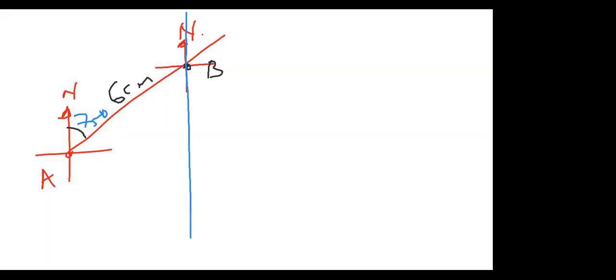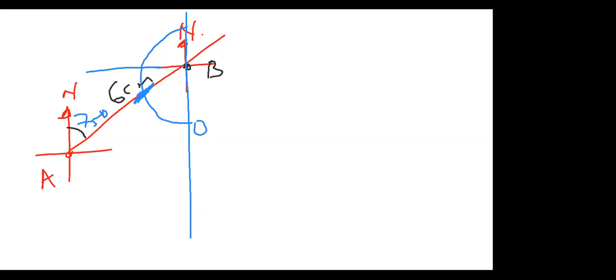You place your protractor like this, so that this is at 0, this one is at 90, and then the measure of this point from that is 75 degrees.